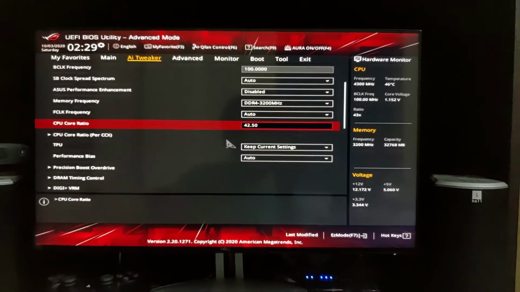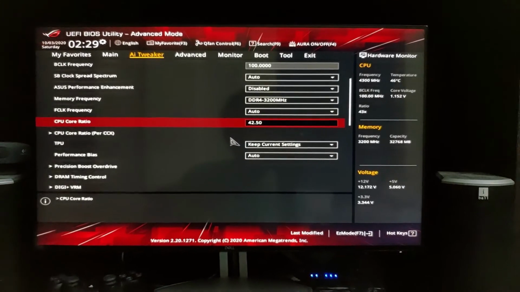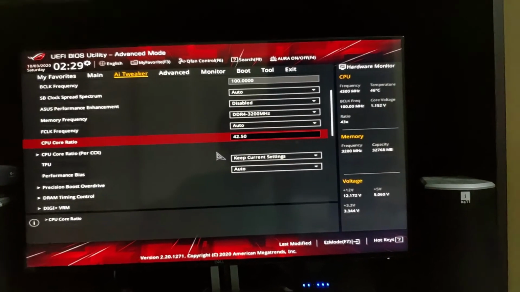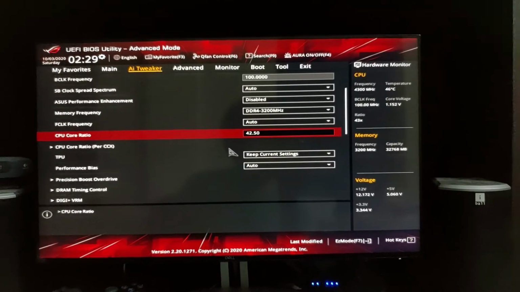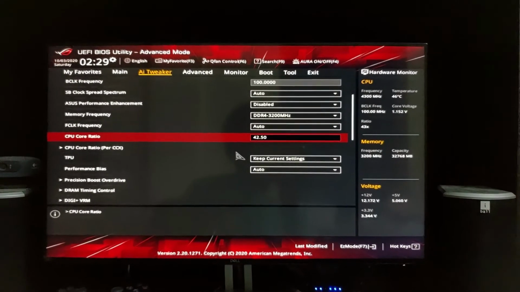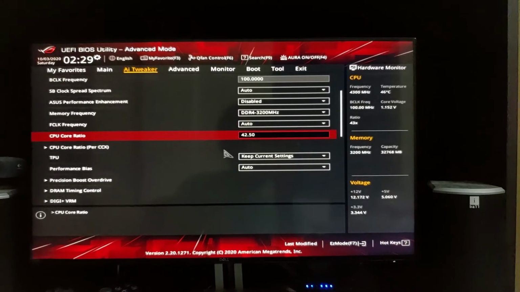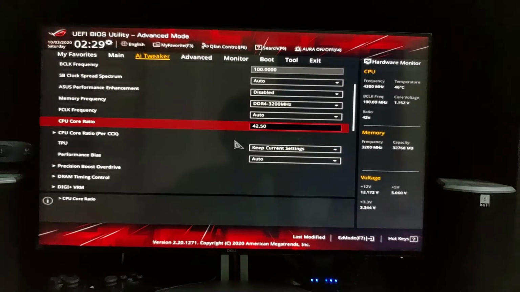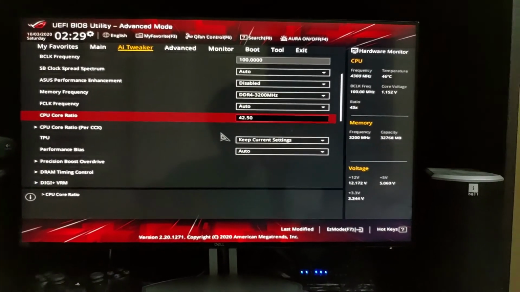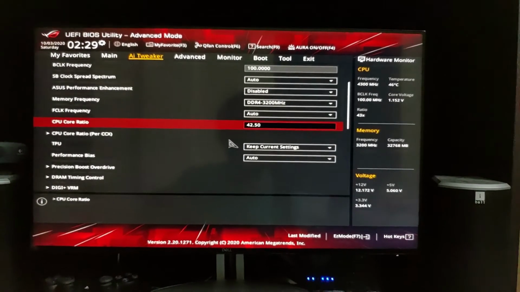So many factors are there. The cooler you are using, which will help with temperatures. I will absolutely not recommend overclocking your system on the stock cooler, especially the one that the 3600 comes with, because let me be honest, it's not good. It's just a chunk of aluminum and a silent fan. That's all there is.